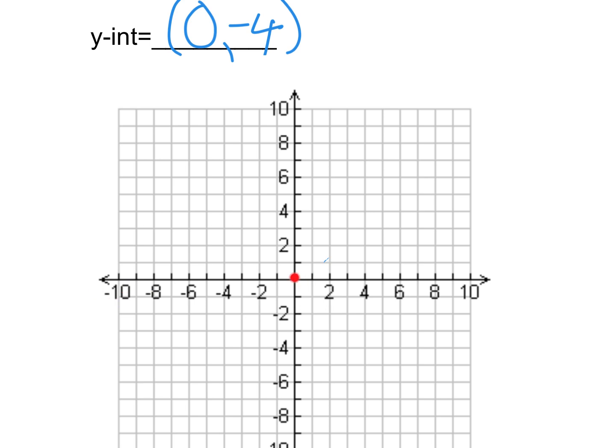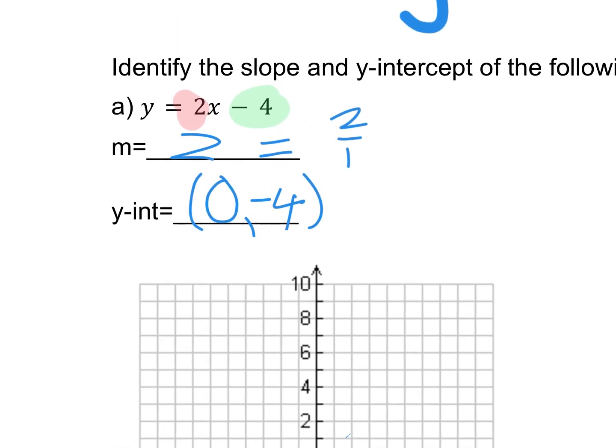So when x is right here, it equals 0. But notice it's going to be 0 anywhere along the y-axis, because if I'm just on the y-axis, I'm not going to the right or to the left. So my x value will never change. So for the y-intercept in any equation or for any line, your x value will always be 0.